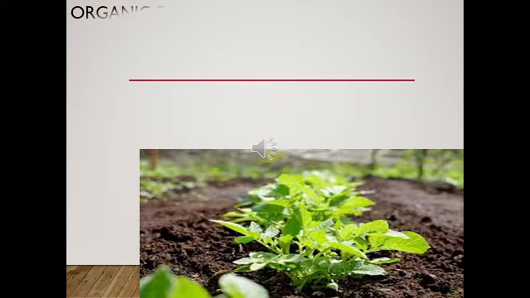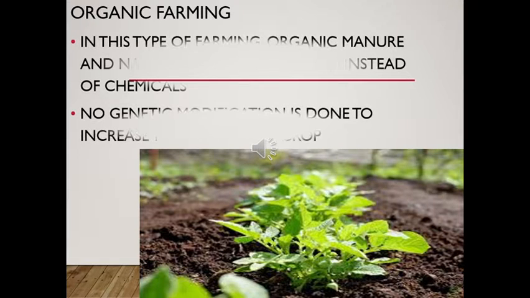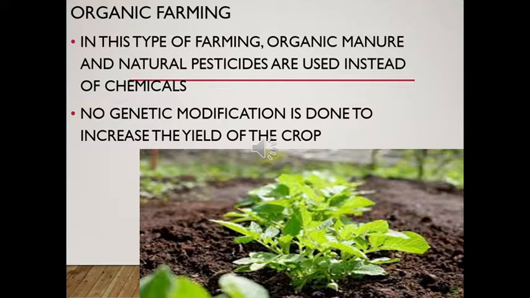Organic farming is another type of farming. In this type of farming, organic manure and natural pesticides are used instead of chemicals. This is done when overuse of fertilizer and pesticides becomes harmful for plant and soil.